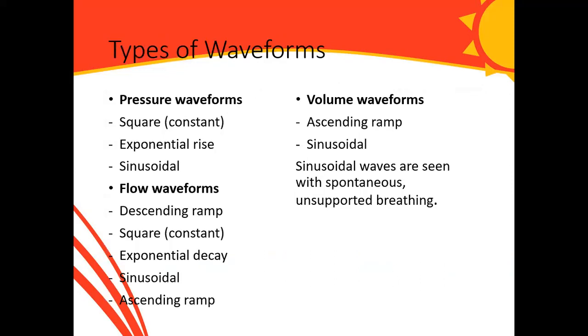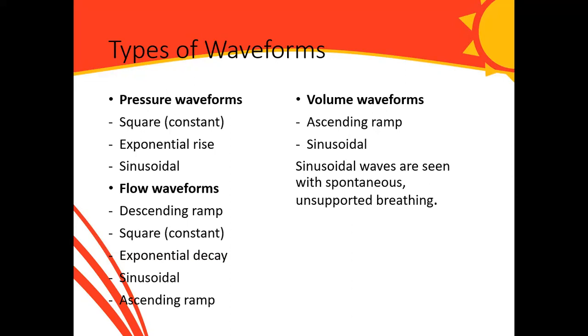Now, pressure waveforms. I want to advise us, once we finish this lecture, to go and interact more with your ventilators because you'll see all of this there. If you are looking at the pressure waveforms, the pressure waveform is a square waveform. It gives an exponential rise and is sinusoidal. The flow waveform gives you a descending ramp.